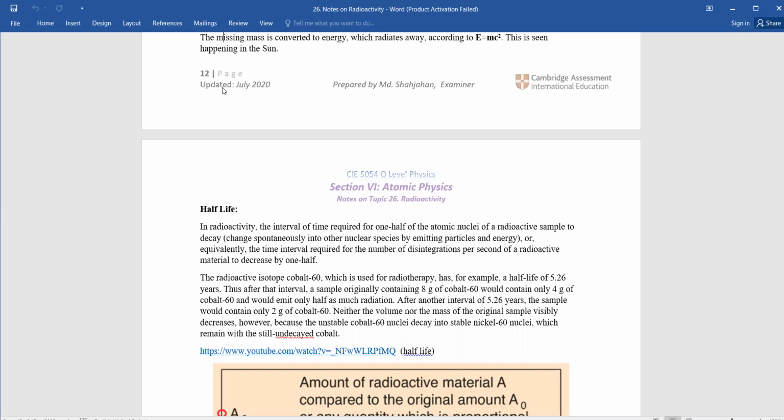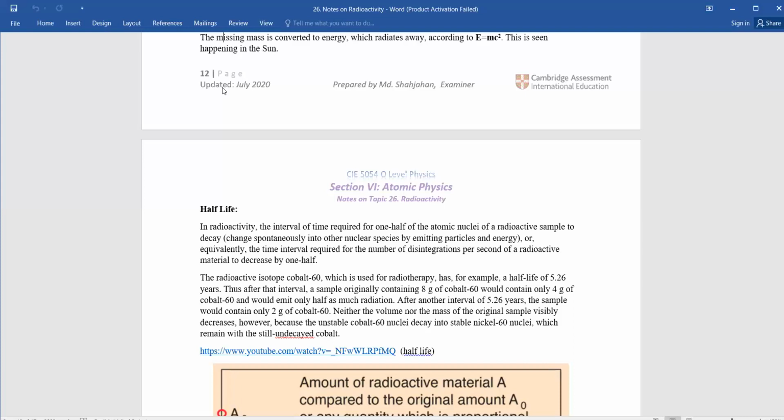Because the nuclei changed, that's why the given sample is no more available. The sample changed to other nuclei. It was given uranium, now it's becoming cesium, radium, and other elements, right?